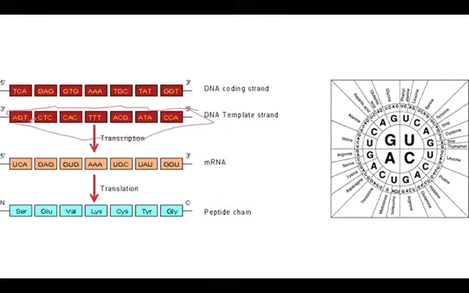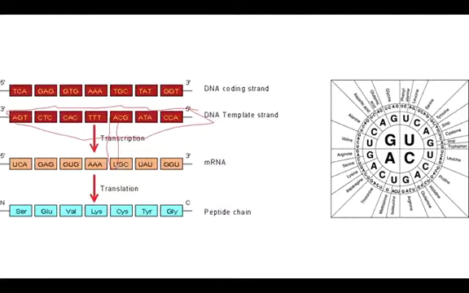So our DNA template strand has an A, which is going to bind with a U instead of T. G binds with C, T binds with A, C binds with G, and so on, until you get back down to where you have an A again. In regular DNA, the A would bind with a T, but we don't have T in mRNA, because T is for DNA only.